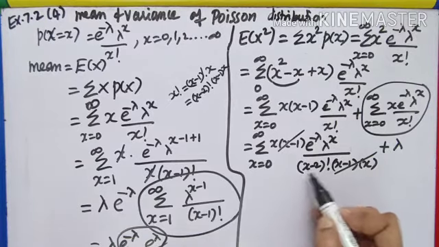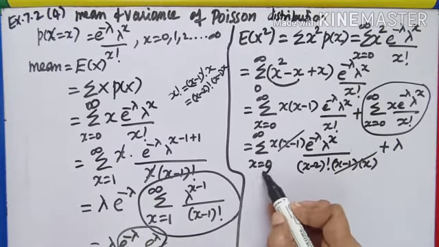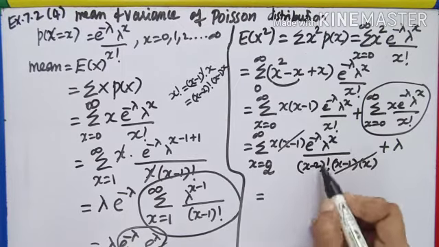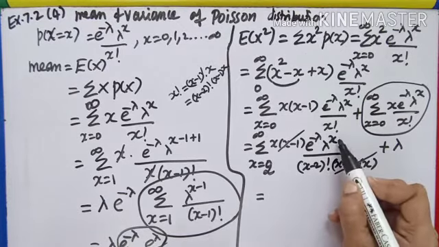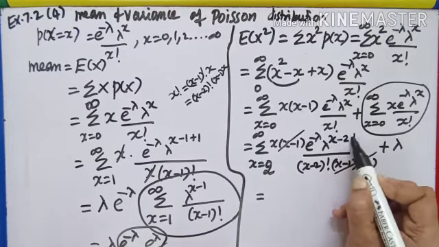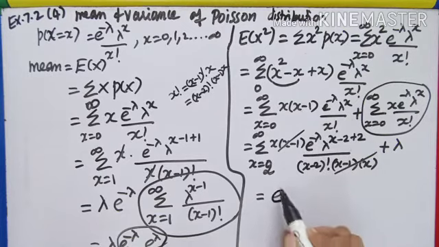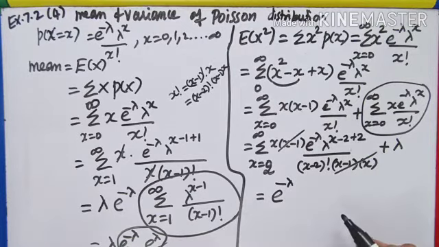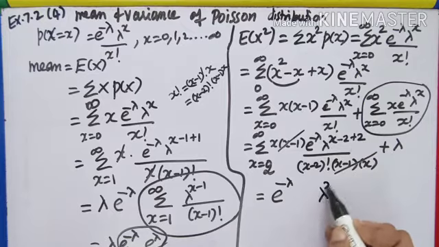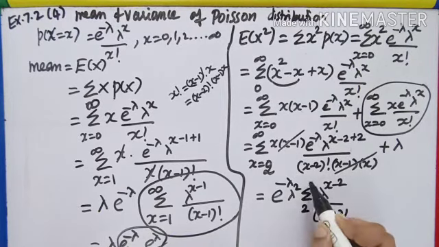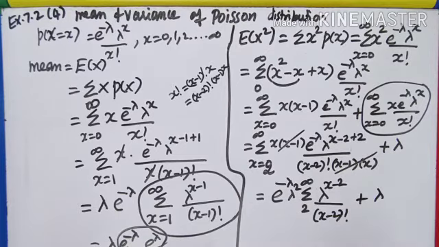The moment I write x minus 2 factorial, change x from 2 to infinity. Because x minus 2 is coming, in lambda power also put minus 2 plus 2. So which will come out? E power minus lambda will come out. I want only lambda power x minus 2, denominator x minus 2 factorial, so lambda power 2 will come out. Sigma 2 to infinity, plus lambda.